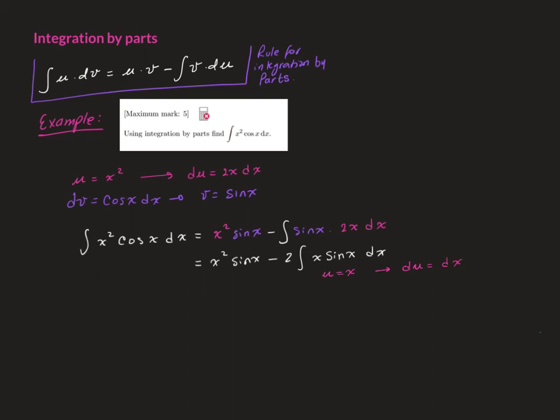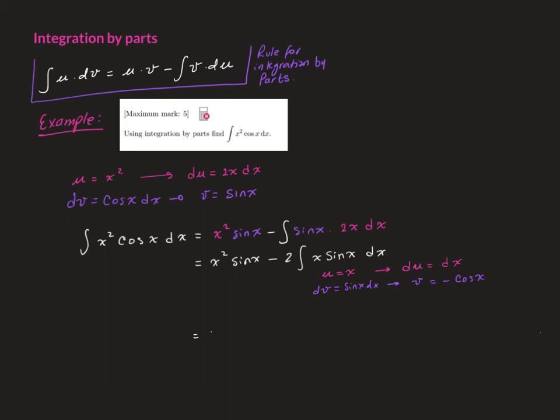And I'm going to define dv as sine x dx, and then the function v is going to be minus cosine of x.